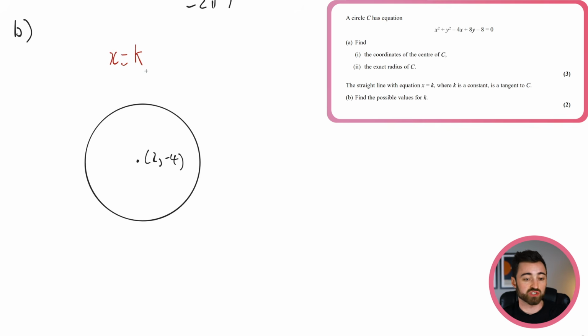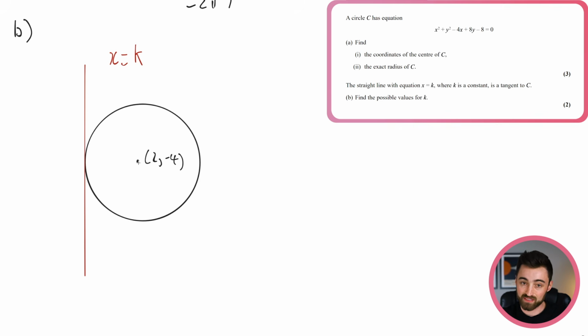When I have a straight line that's just x equals k, there's no y term, what does that look like? It's going to be vertical. So it's just going to be a line going up like this. So here's the thing, the only way that this straight vertical line can be a tangent to this circle is if it's right on this edge, or if it's right on this edge. So I don't even need to do any discriminant stuff here, because I can use something that's even simpler.